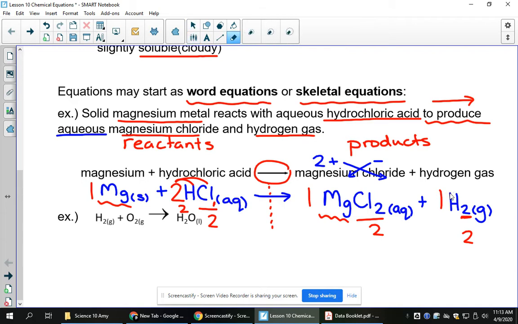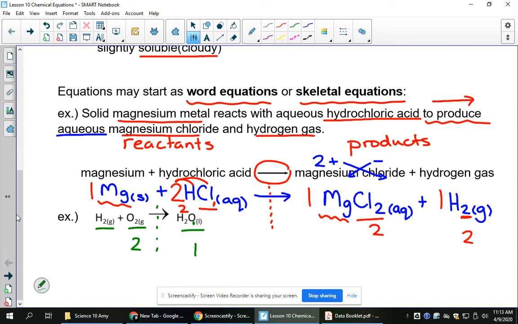The next example that we have is adding hydrogen gas and oxygen gas to make liquid water, or H2O. How many oxygens do you see on each side of the arrow? I see 2 oxygens on this side, and remember the secret one, only 1 oxygen on that side.